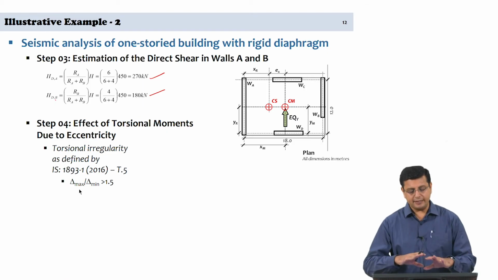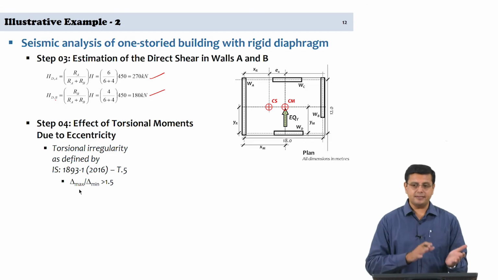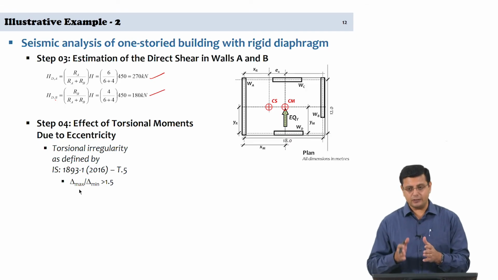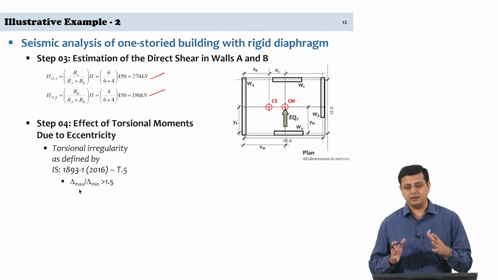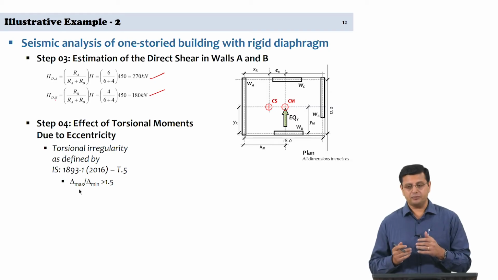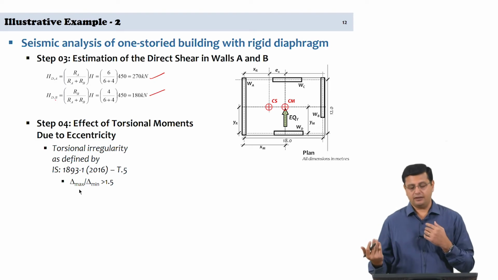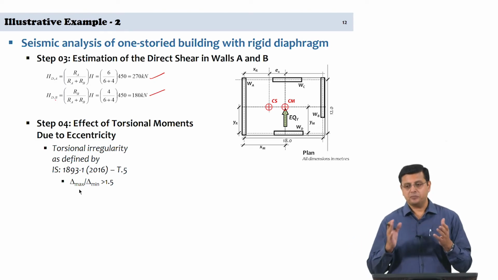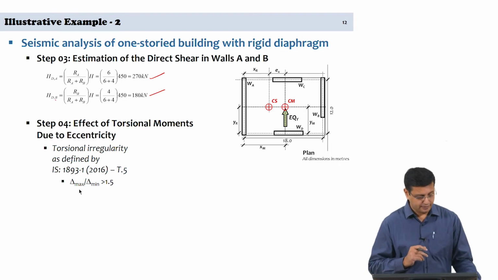Before we do that, we need to understand, depending on where the center of stiffness is located with respect to the center of mass of a building, how is the torsional moment expected to act on the building, because of which on different walls located around the center of mass and center of stiffness, how is the effect of the torsional shear and the direct shear considered.